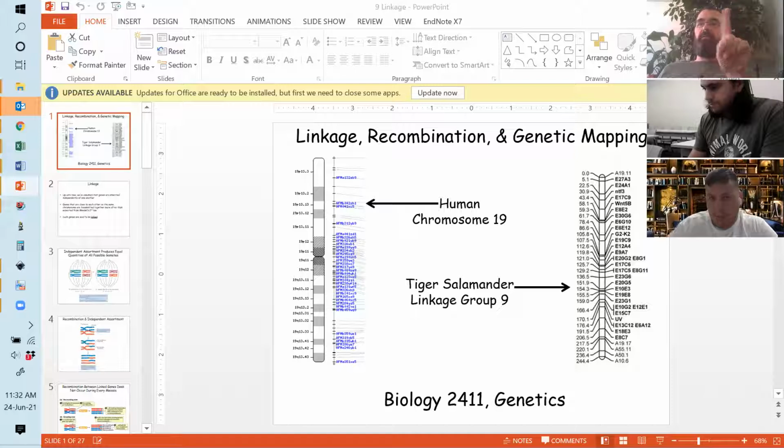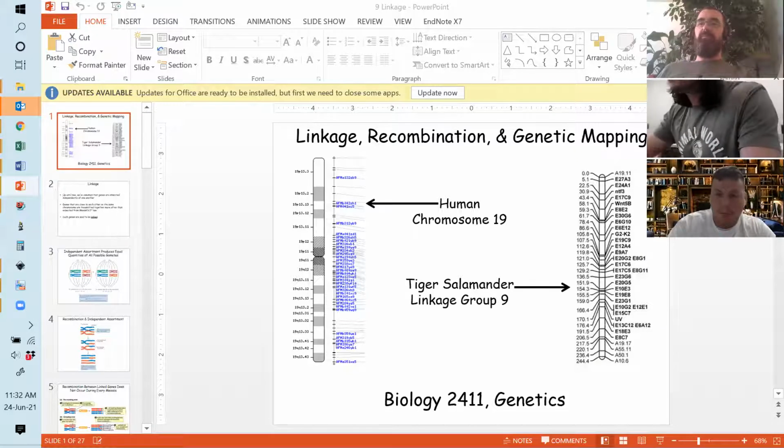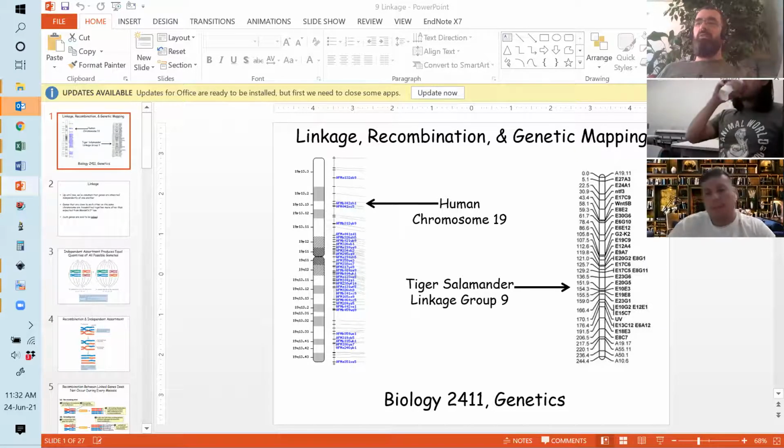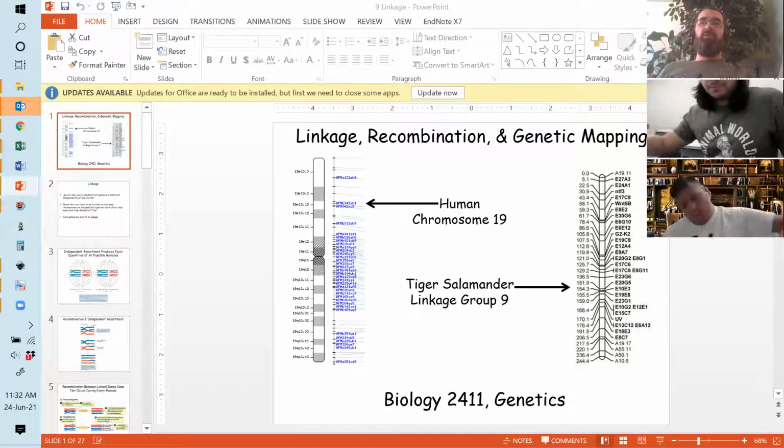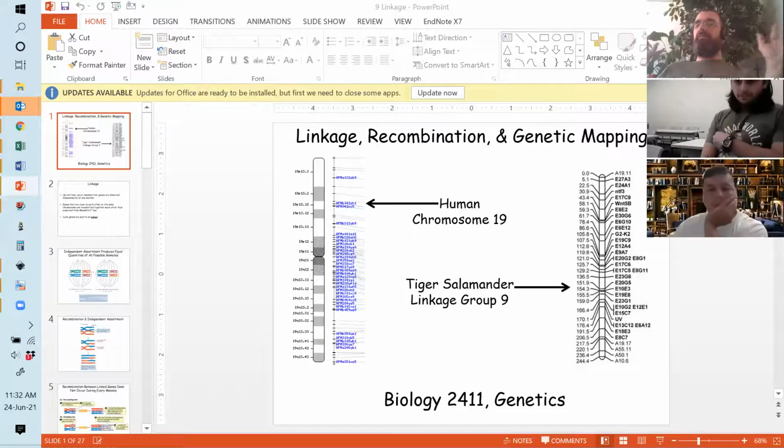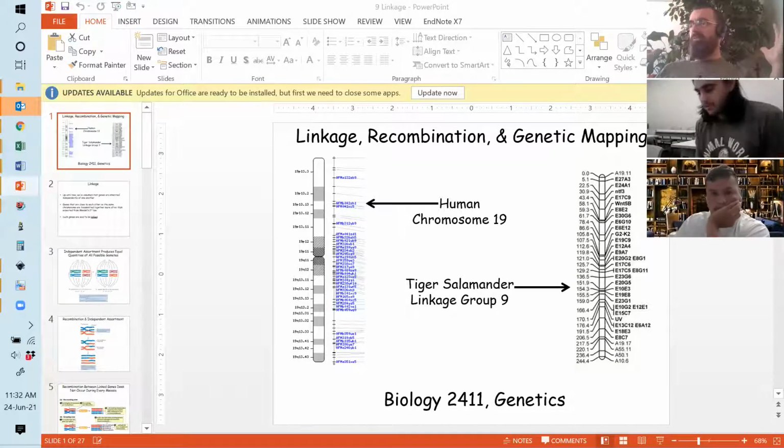What's 1 times 10? 10%. Okay, so what about if those points are, and I'm just making numbers up here to illustrate a point, what if those 2 points are now 10 million base pairs apart?